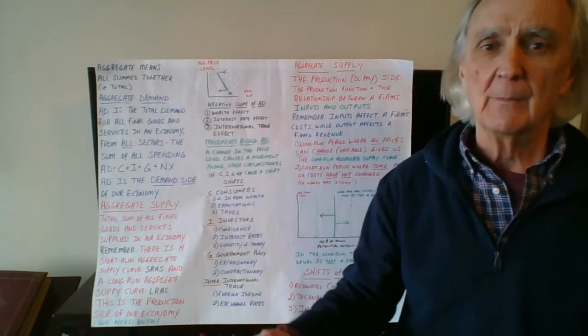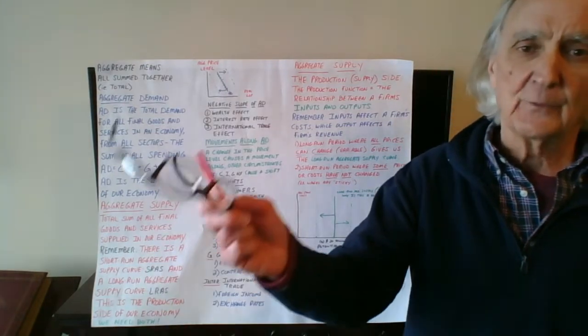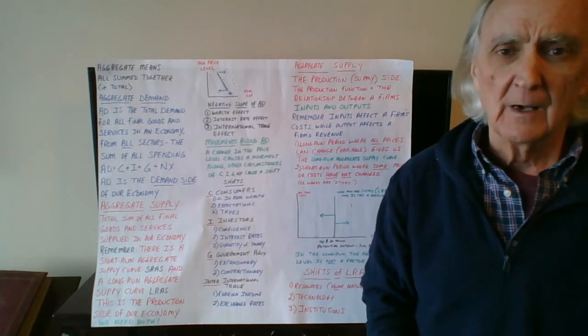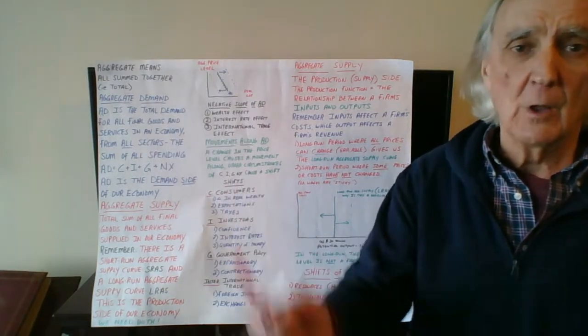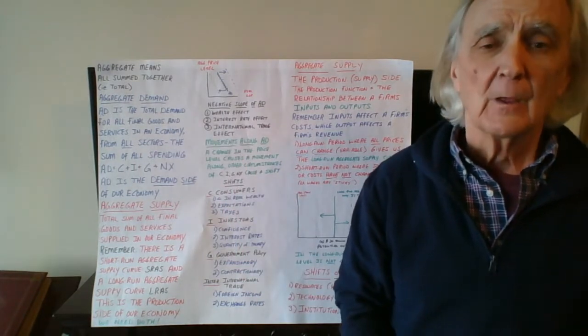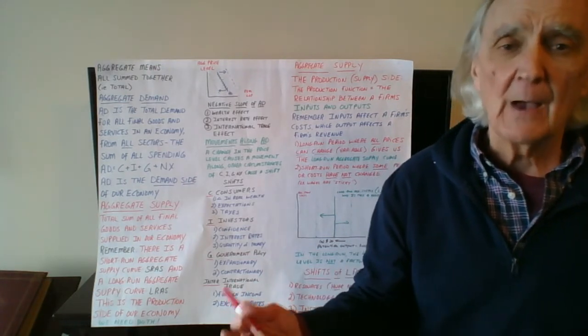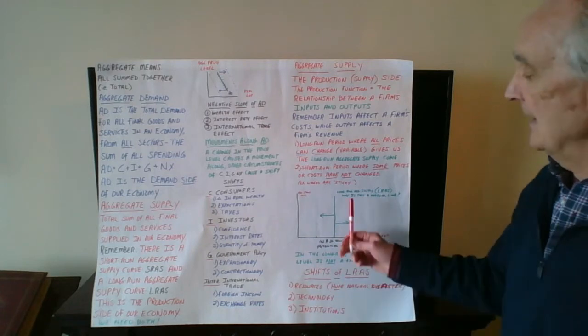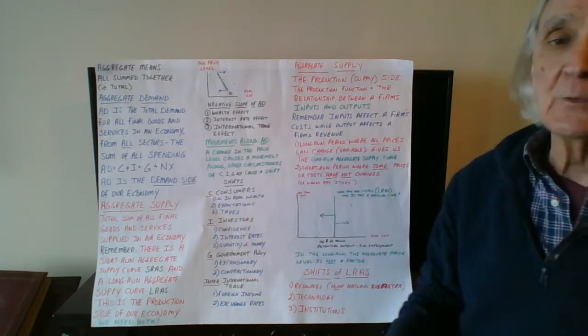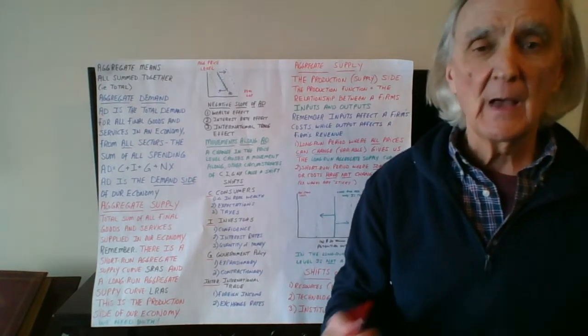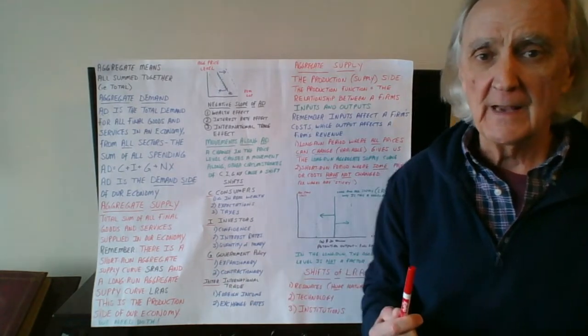We're talking about some huge disaster that wipes out industry all along the East Coast. Something major like that would cause long-run aggregate supply to shift to the left. But again, something positive could happen also and have it shift to the right.